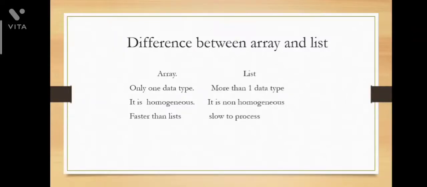So array is homogeneous and list is non-homogeneous, and arrays are faster compared to lists to process, and lists are slow compared to arrays. If we are dealing with a huge number of elements, arrays use less memory than lists, and they offer faster execution than lists.